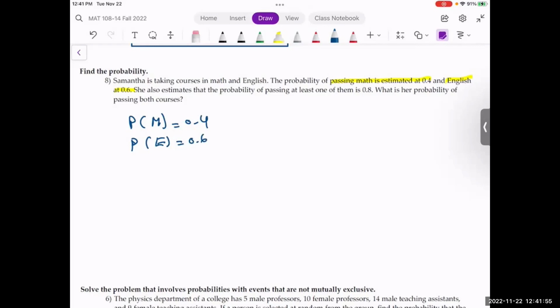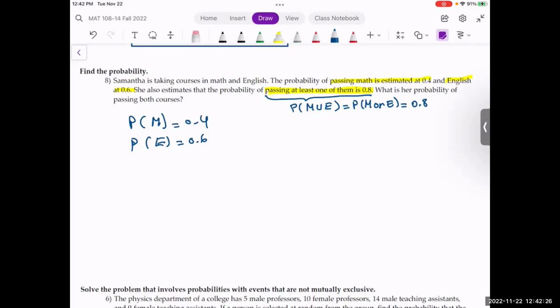And the other sentence here, the probability of passing at least one, this is going to be the probability of math or English, and that's the union, right? Are we okay, guys, with this?